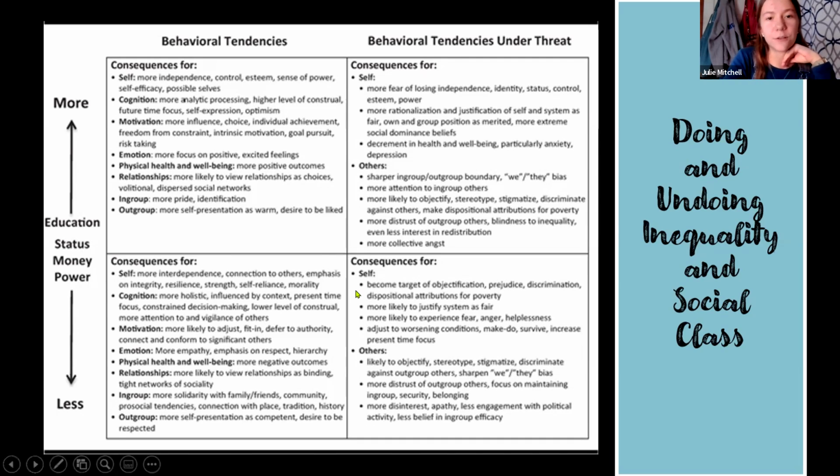And when you break it down, there are both macro and micro level principles coming into play here, because those that have more education, status, money, and power fear losing that independence and that control and that power.